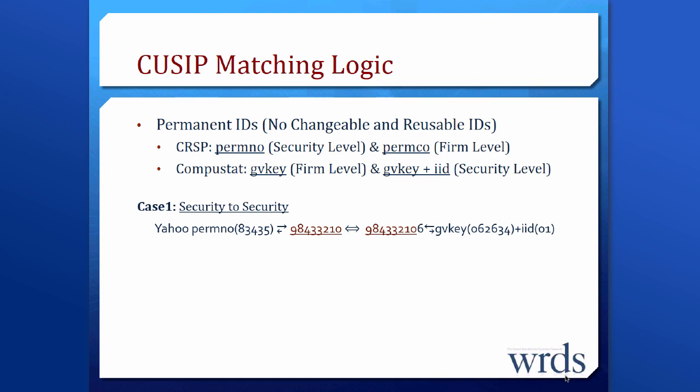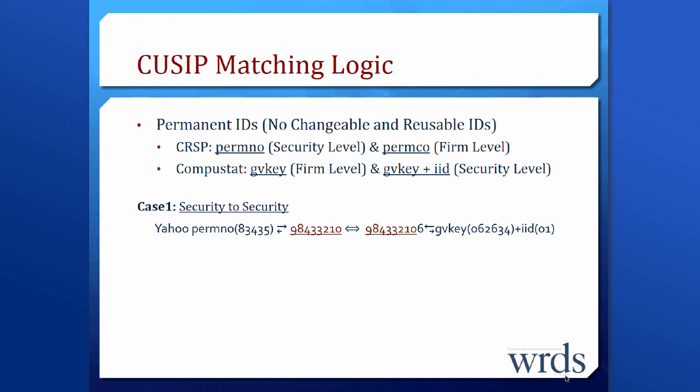So you link the first 8 digits from the Compustat CUSIP with the CRSP CUSIP, and basically you link the PERMNO of Yahoo to the GVKEY plus IID from Compustat.